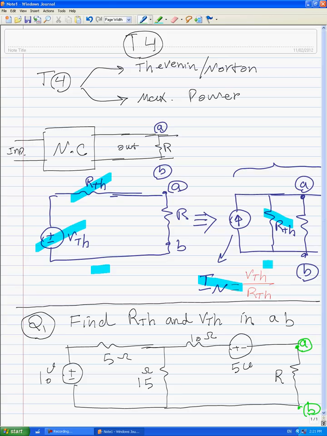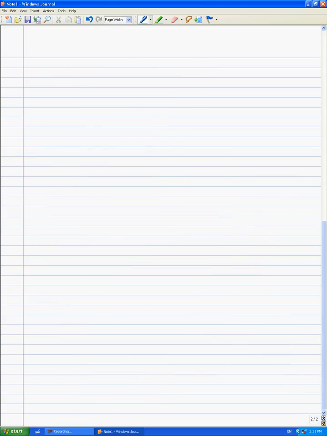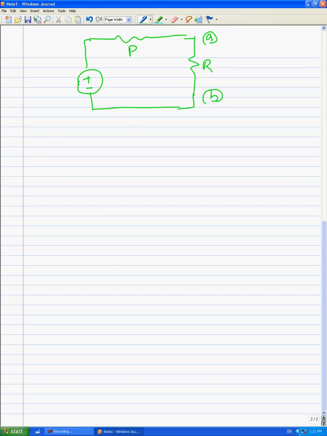We want to find the equivalent Thevenin circuit across this resistor, or in terminals A and B. That's why we can say this theory says if we have R here and A and B here, this circuit should be simplified to a simple circuit like this, RTH and VTH.